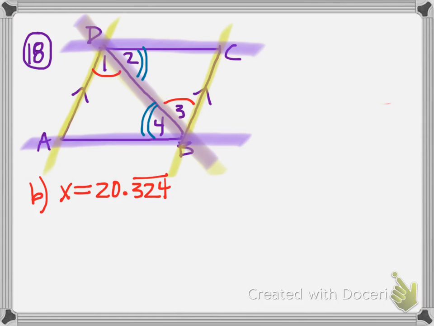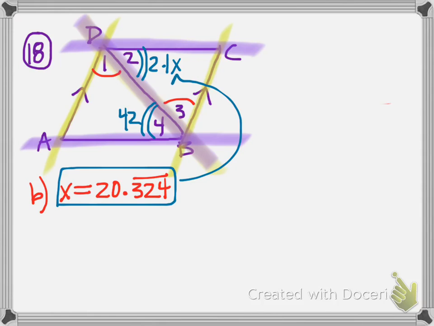Well, it says that angle 2 equals 2.1x, and angle 4 is 42 degrees. So if I plug in this value for x into the 2.1 times x, if it equals 42, then those two lines are going to be parallel.